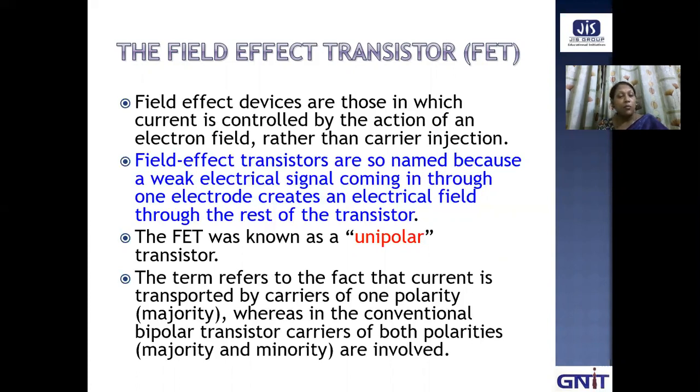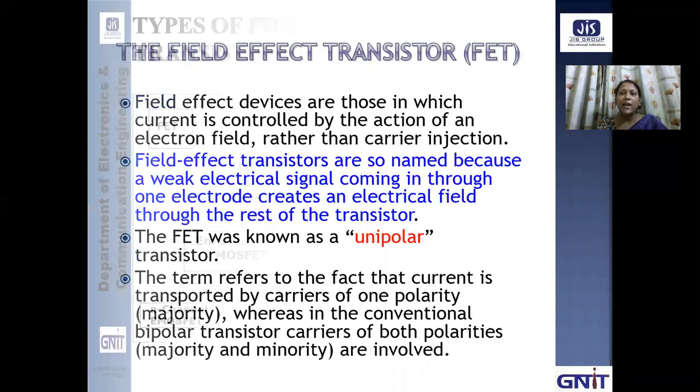And the most important thing is the FET is known as a unipolar transistor. The term refers to the fact that current is transported by carriers of one polarity only, that is only majority carriers, whereas in conventional bipolar transistors, current consists of both majority and minority charge carriers.